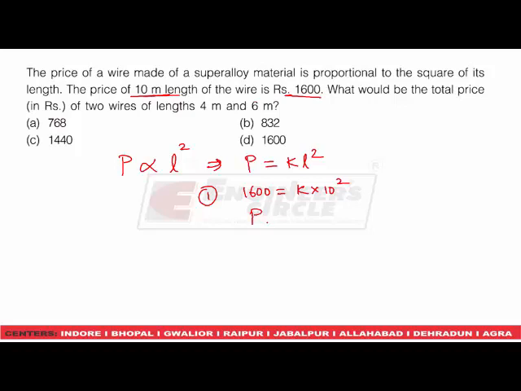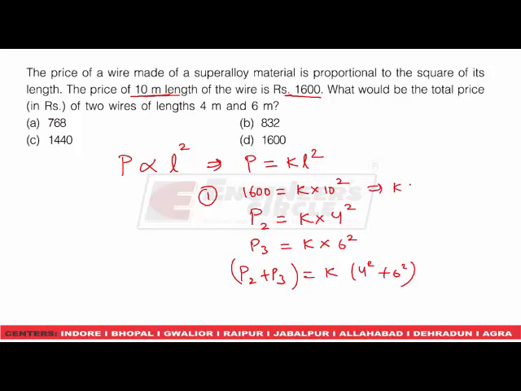So this P2 will be equal to K into 4 square, P3 will be equal to K into 6 square. So P2 plus P3, that is total price, will be equal to K times 4 square plus 6 square, and we can find out K from here.